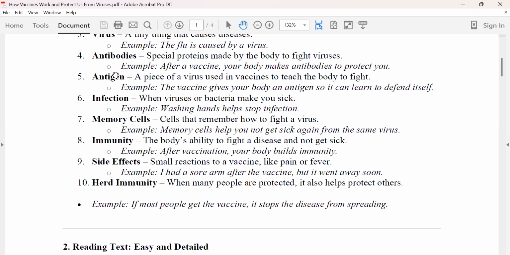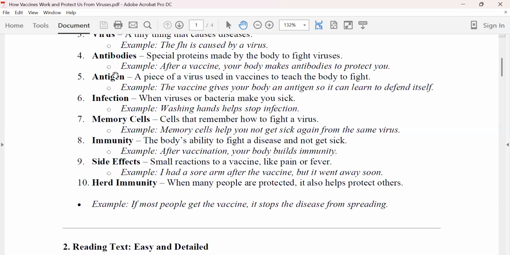So that's why the fever comes. Sometimes you feel pain in your muscles. It's because your immune system is fighting the antigens, part of the virus. Okay, good.